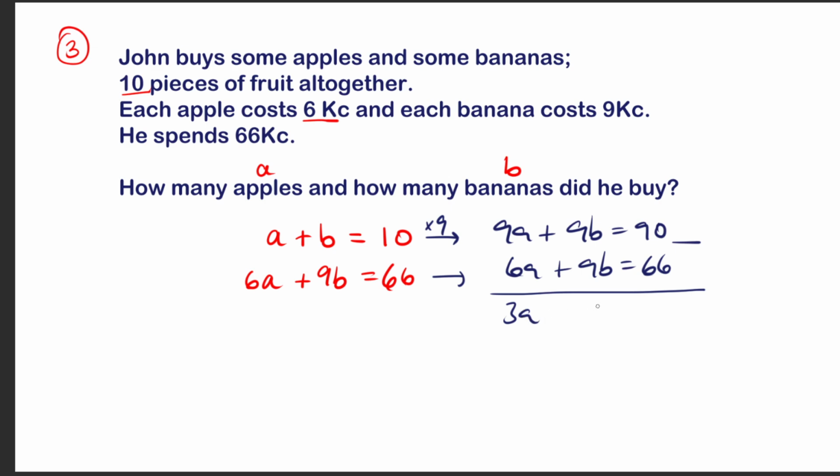So 3 apples is costing 24. Well, three times the number of apples must be 24, yeah? So basically, A must be 8. So this is telling us that he must have bought 8 apples, okay? And we know from this equation that apples plus bananas must be 10, so bananas must be 2, okay? So that gives us the answer.